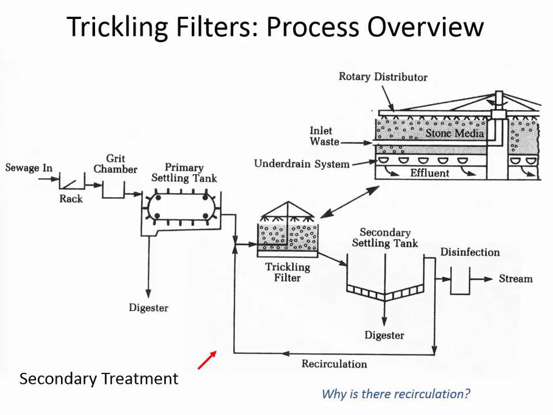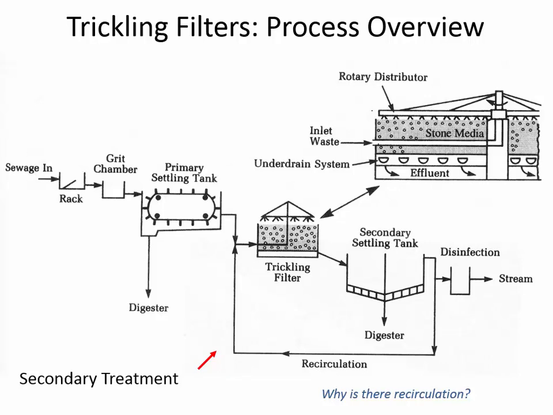Sir, why doesn't the recycling come right after the filter? It can, except that remember the scum layer sometimes breaks off. And so if we recycled from here, then we'd be recycling some of the solids that are breaking off. When the scum layer gets too thick, it's called sloughing.